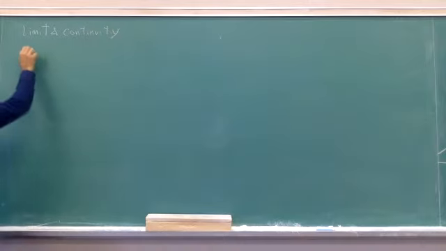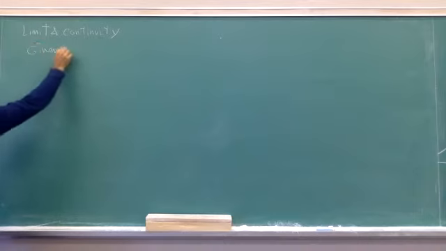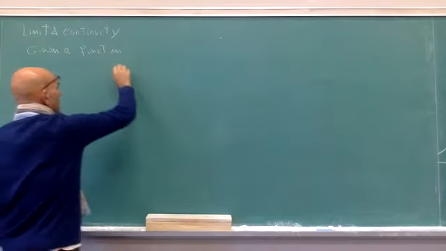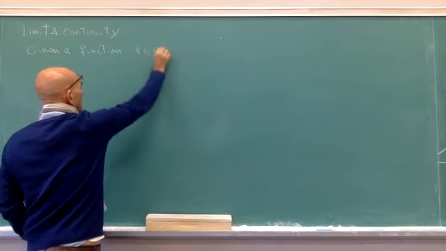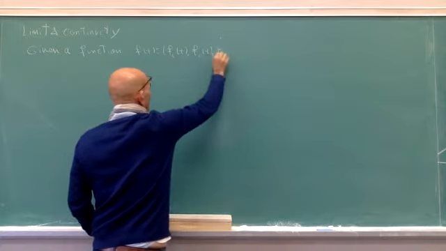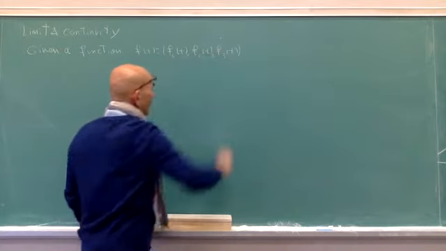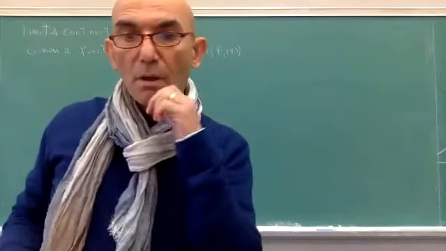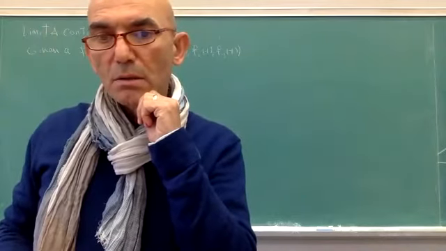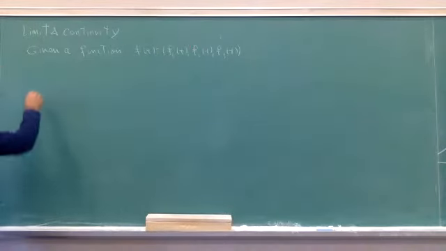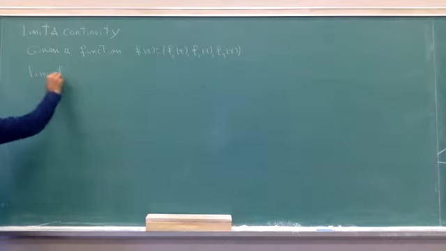The question is, given a curve, a function f of t equal to f1(t), f2(t), f3(t), we want to understand what the limit of f of t is as t goes to t0.